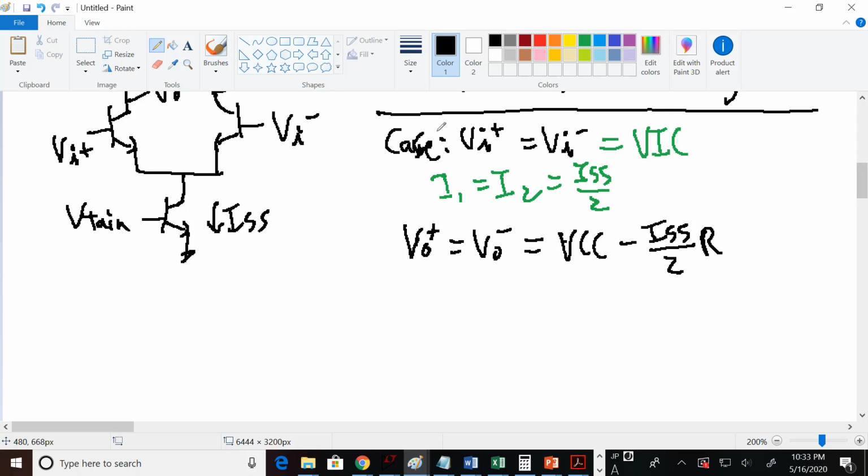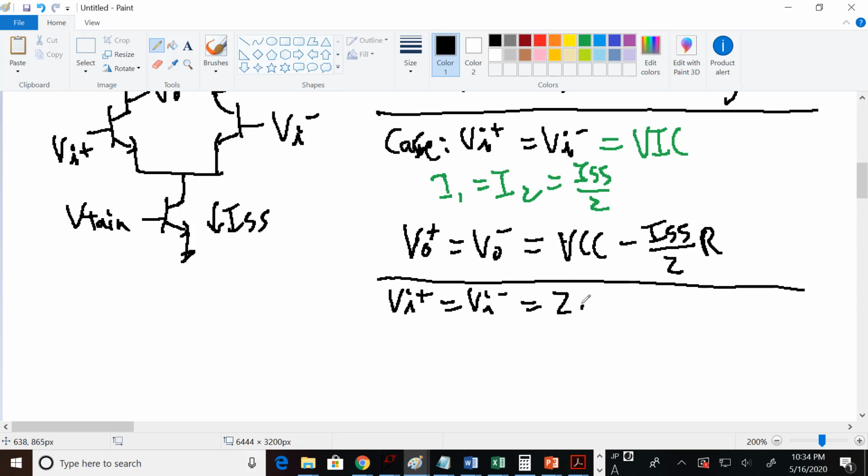Let's look at an example here. Let's say VI plus equals VI minus, and let's say that equals 2.5 volts. And let's say that causes a current of, say, 1 milliamp, and your resistor is 1K.